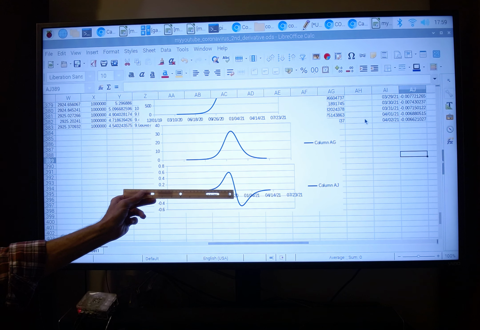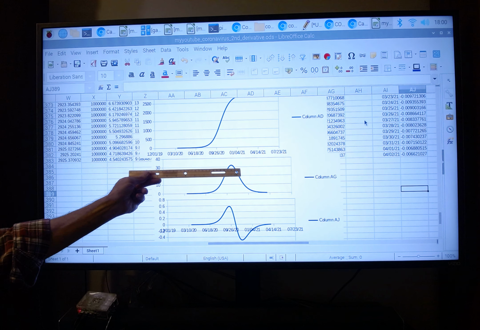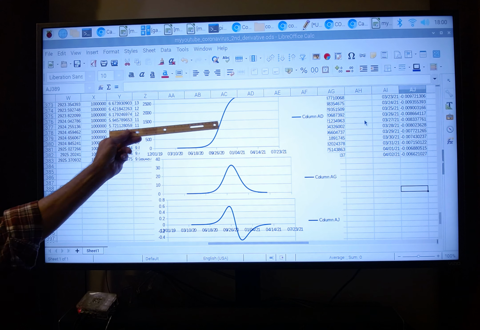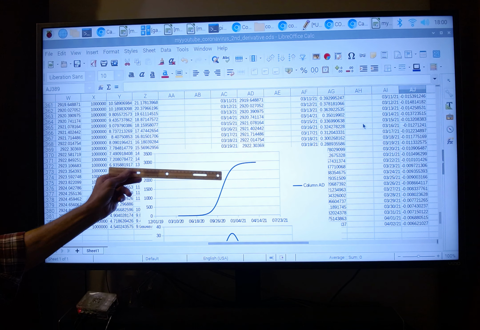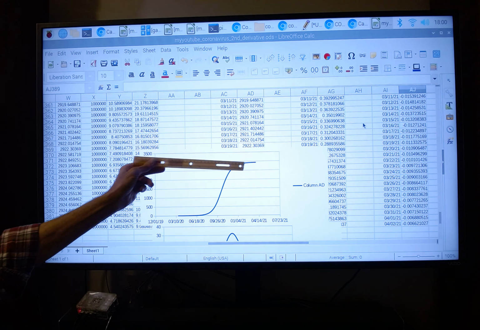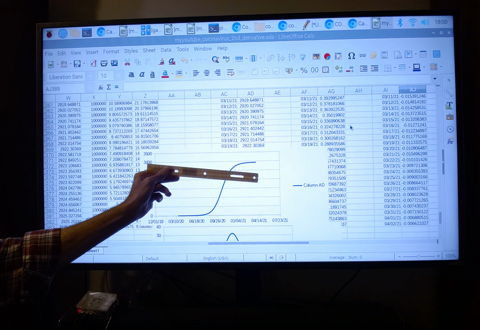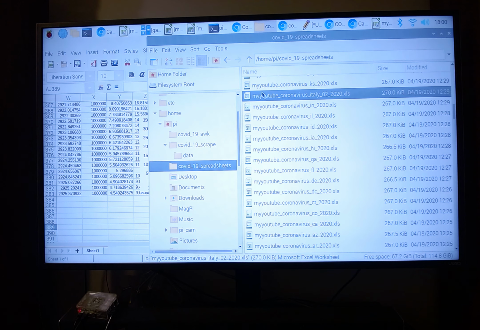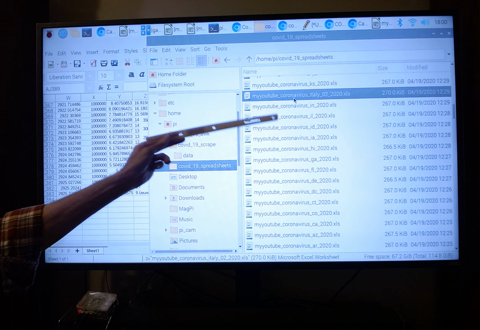Whenever that second derivative goes negative, that's the peak of that curve, and that's when the deaths are increasing at a decreasing rate. Concave up, concave down. So let's see here. Let's look at Italy. So I updated all my spreadsheets today, this weekend.